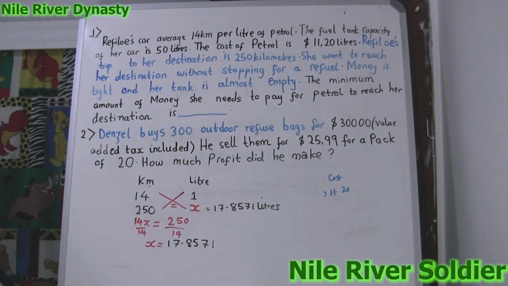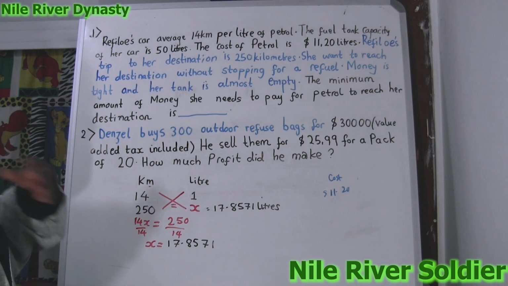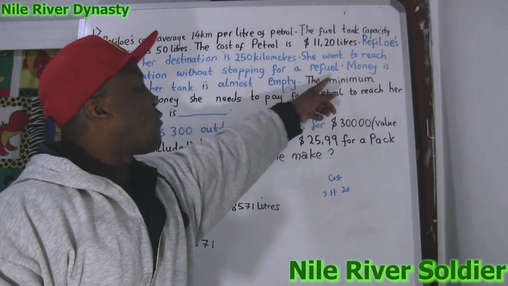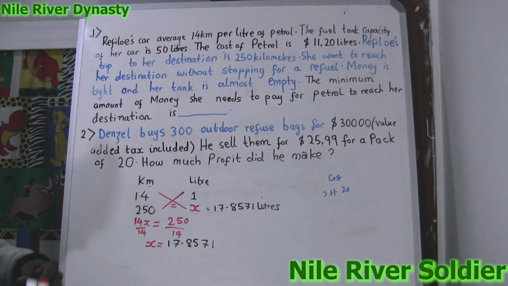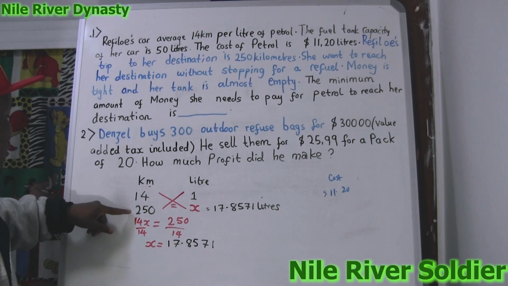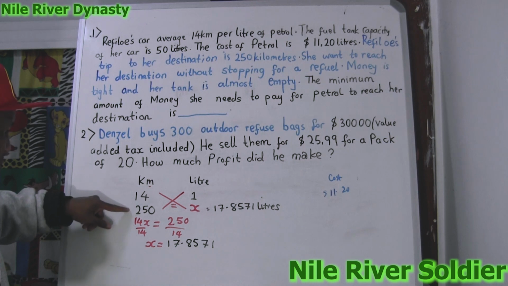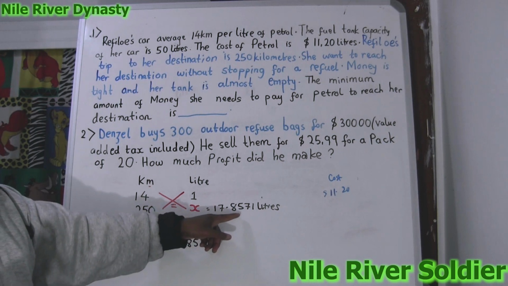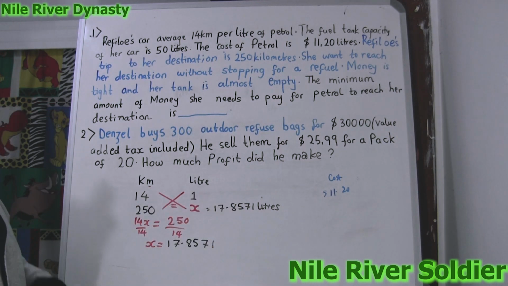Okay, now what do we want? Let's say she wants to reach the destination without stopping for fuel. If she travels 250 kilometers, she's going to use 17.8571 liters.